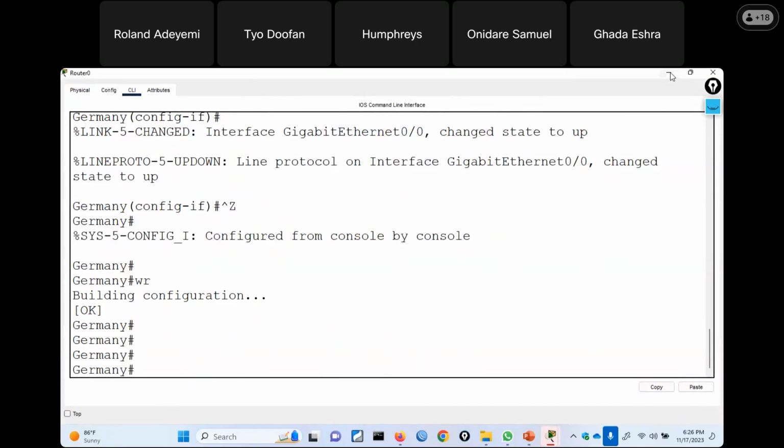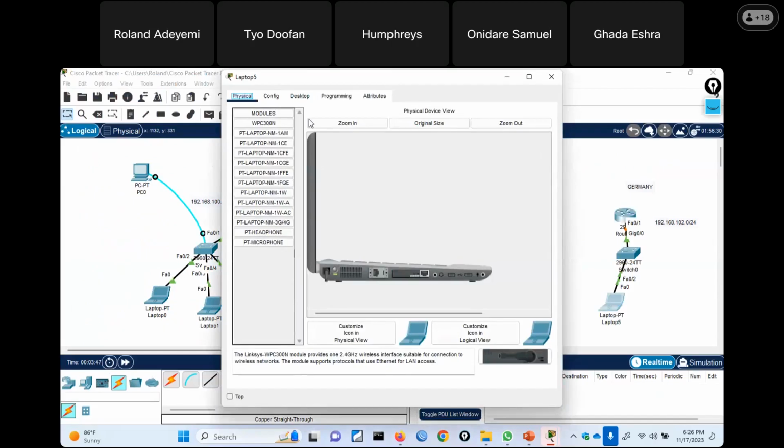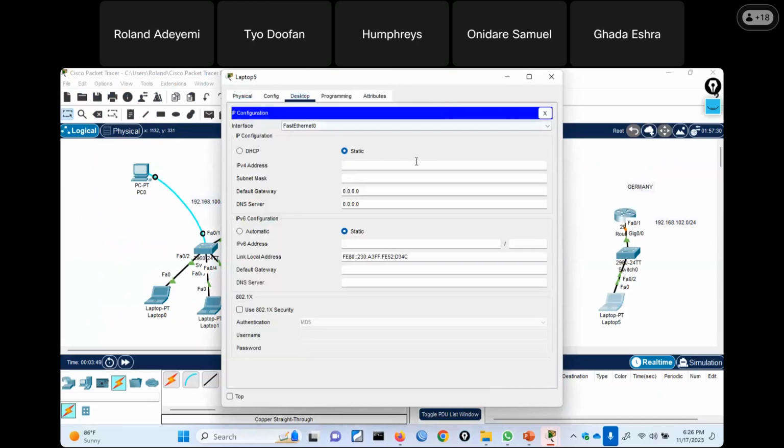So now I'll go to this computer, give this computer an IP address from that network, 192.168.102. We can give the computer, say, .2. We're not going to give the switch an IP address. I'm not using the switch for anything. I'm not managing it.